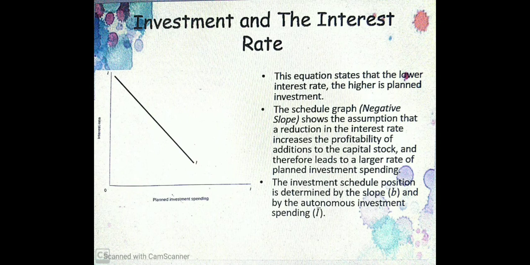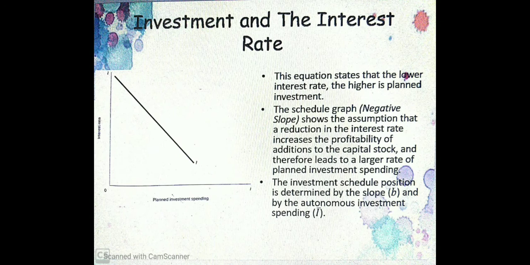Next, investment and the interest rate. As you can see, the curve represents the interest rate and investment. It has a negative slope. This equation states that the lower the interest rate, the higher is planned investment.